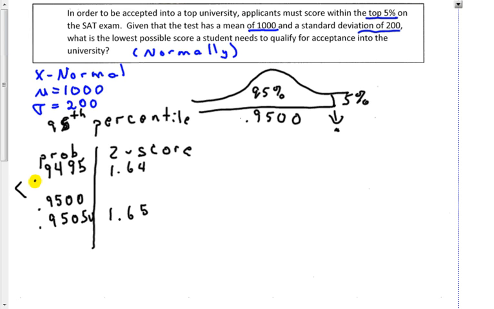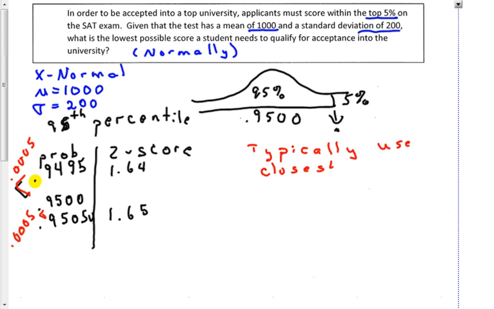The difference between these is 0.0005, and this one is also 0.0005. The difference between the two probabilities. We typically use closest. In this case, they are the same this time, not always.